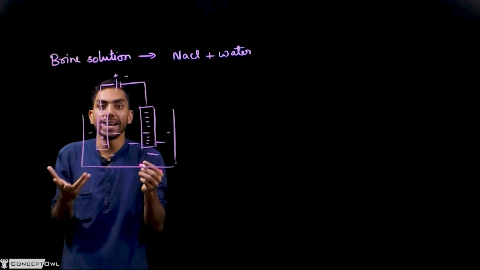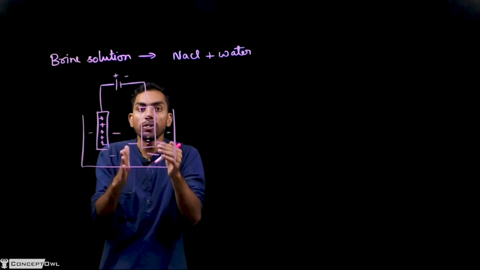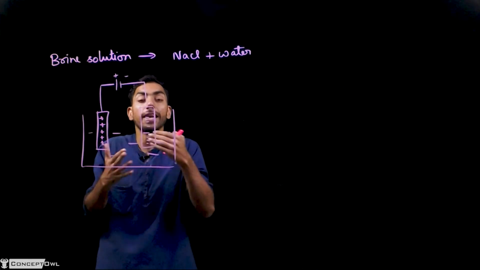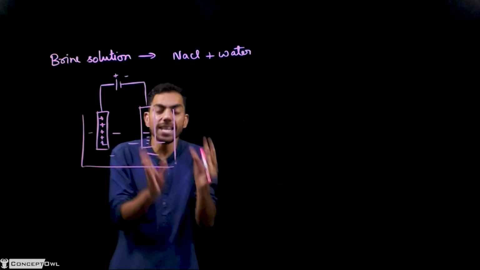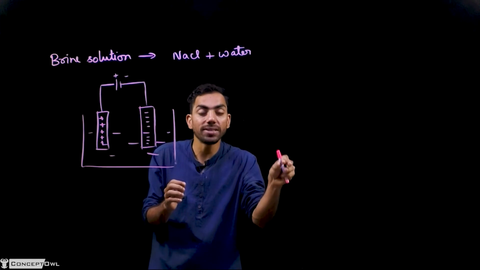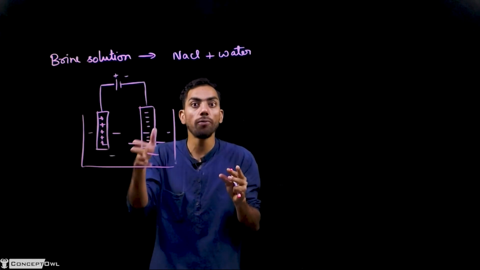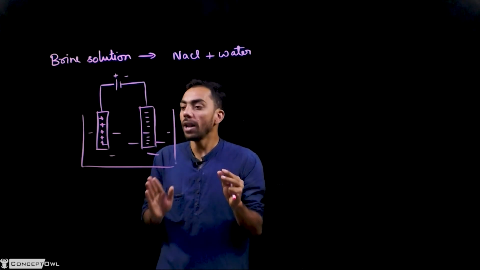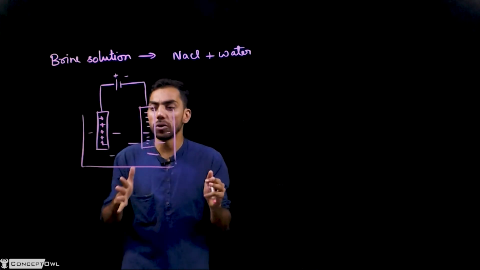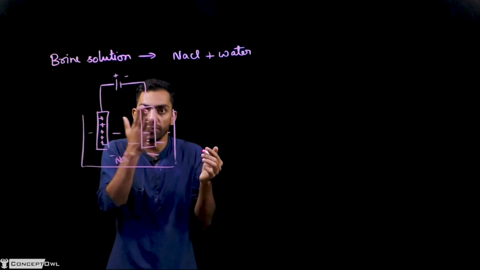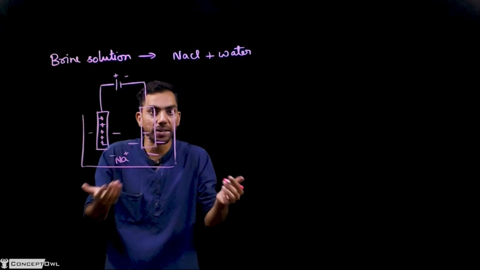What do we mean by electrode? Electrodes are metal rods through which current can pass. Any material rod through which we can pass the current is known as an electrode. These are conductors of electricity. Simple. Now in our brine solution we have Na+ ion, because NaCl, if it is dissolved in water, will break into ions.